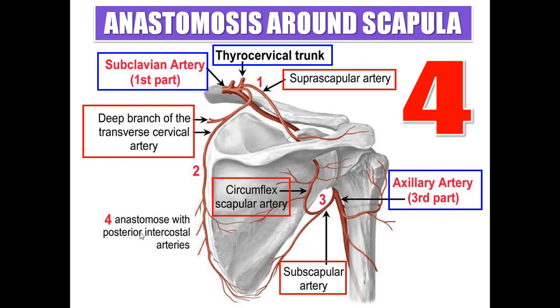So the 3 major arteries are suprascapular, transverse cervical, and subscapular, and this anastomosis connects the first part of the subclavian artery with the third part of the axillary artery. So the 4 arteries: suprascapular, transverse cervical, subscapular, and posterior intercostal arteries.